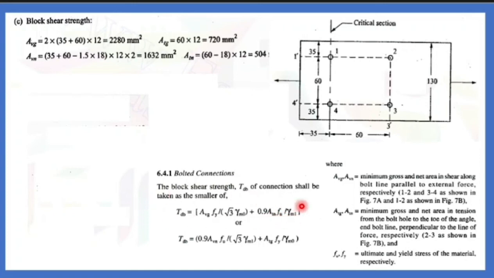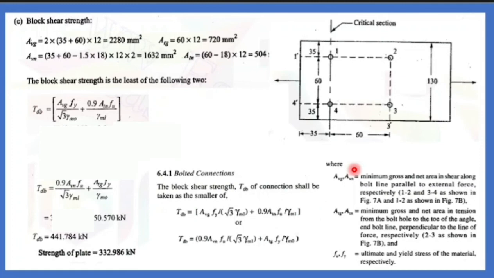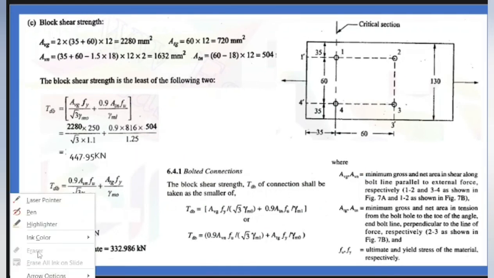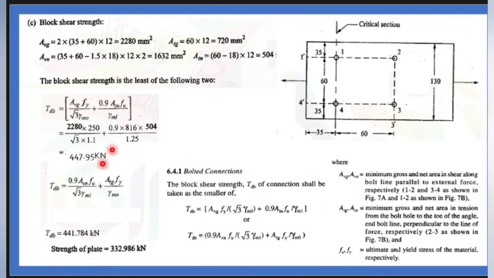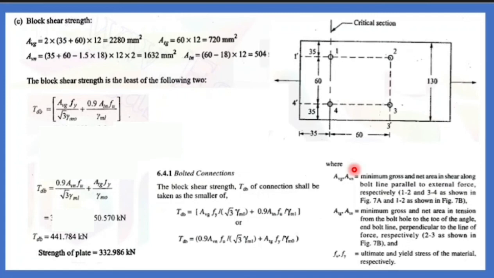All the values are known to you. You have got all 4 answers. The second answer, what you got, is 441 for this, and the first answer you will be getting is 2280 and 504. Okay, what is the least of that? 332 is the least. So the strength of the plate is considered as 332.98 kilonewton.